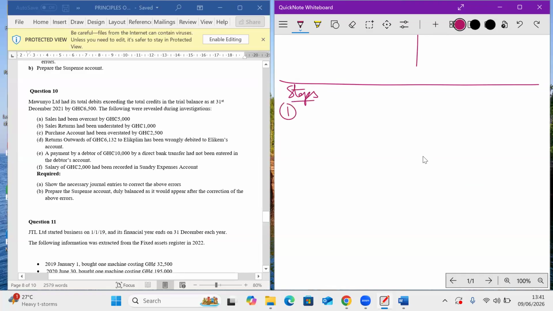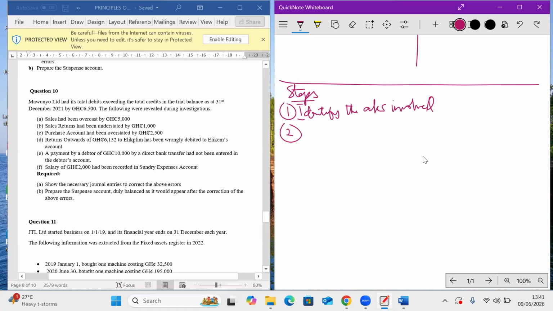Step 1, identify the accounts involved. Like when I wrote James bought this from cash, what I did was I had to identify the accounts involved, that they were James and sales.